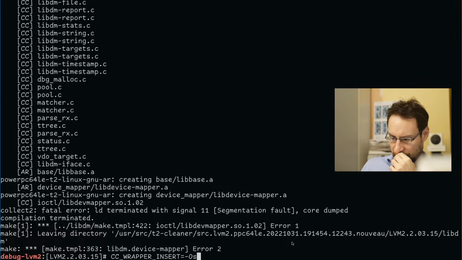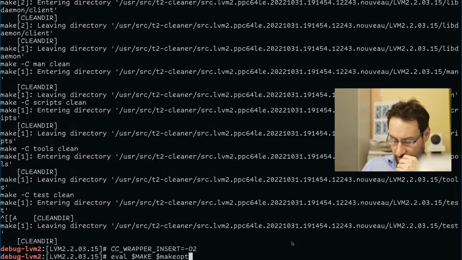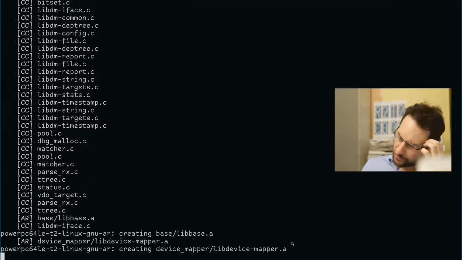Okay, that also segmentation fault. It probably should be OS. I think O2 worked, unless it's caused by OFast.